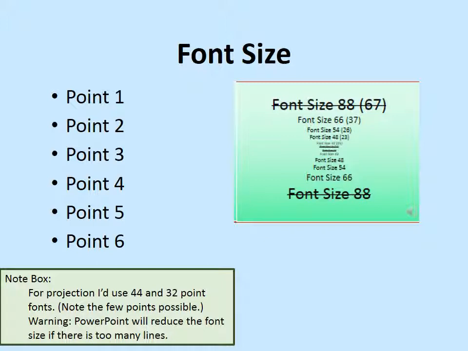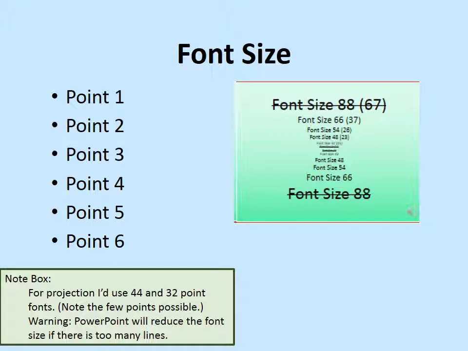Now, in this case, I've used font sizes that I would normally use for projection, and so in this case, it's 44 and 32. Note that I'm now limited to 6 points per slide, simply because of the increase in font. A warning: if you try to put too many lines of information, PowerPoint will adjust the font size.